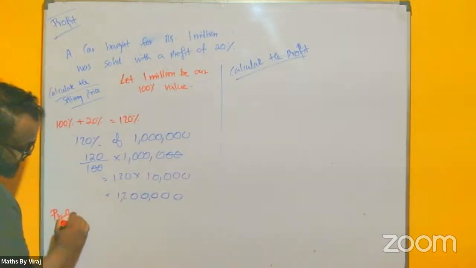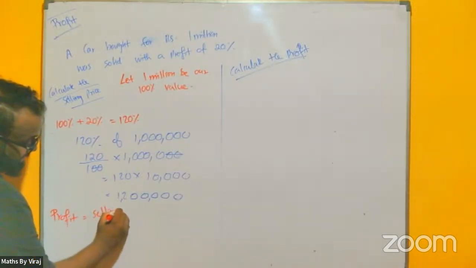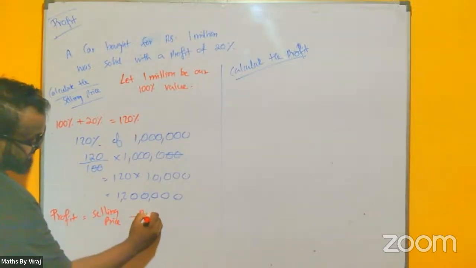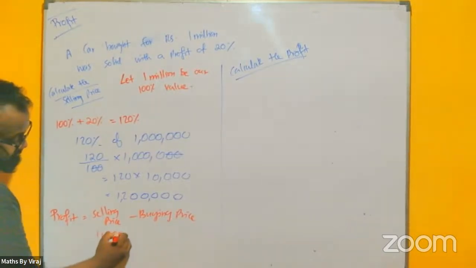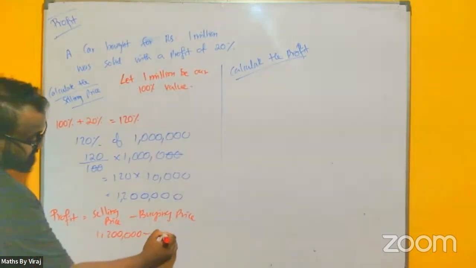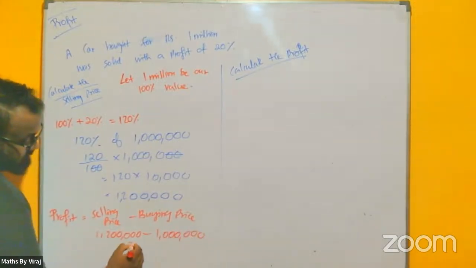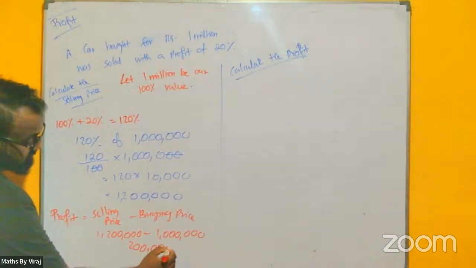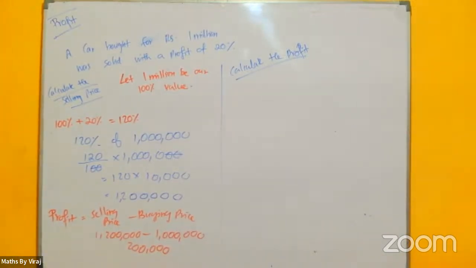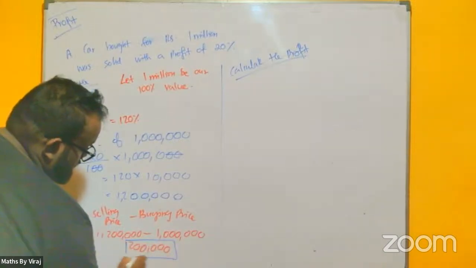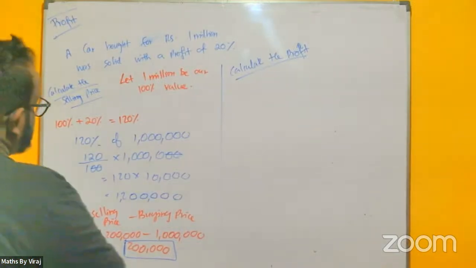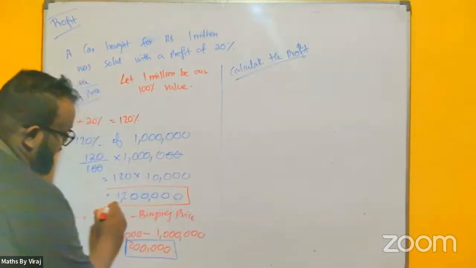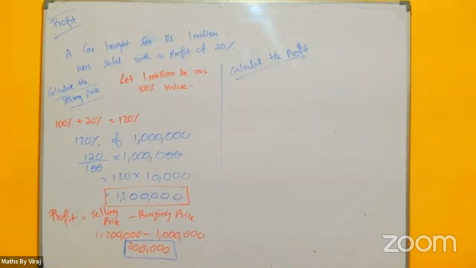What is the profit? Selling price minus buying price. Our profit is 200,000. So the answer that was expected to be calculated was this. I went an extra step ahead and we calculated the amount of the profit.